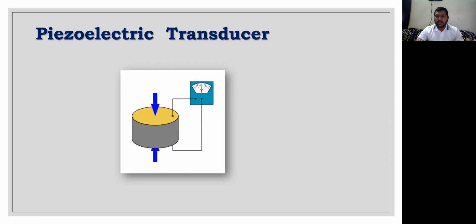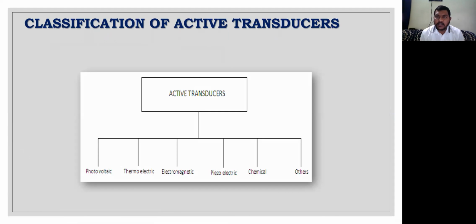So it is self-generated. Again, these active devices are classified into some more parts: photovoltaic, thermoelectric, electromagnetic, piezoelectric, chemical, and others. So these are some of the classifications of active transducers, right?